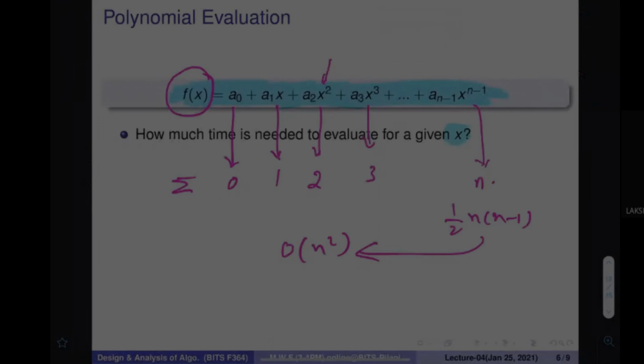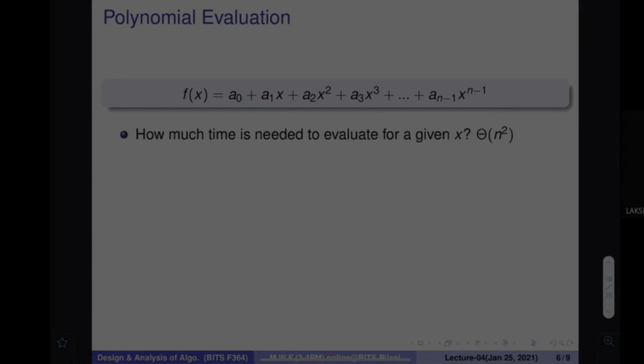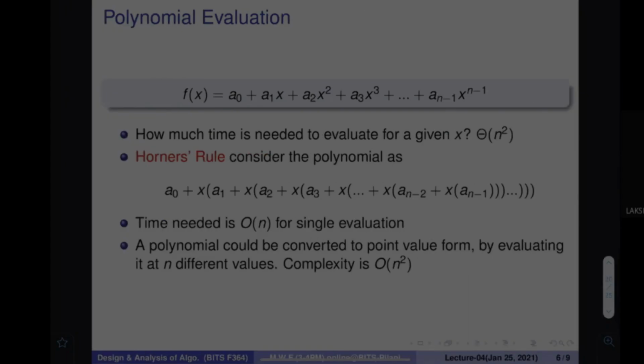So this is an important thing: if you want to compute the polynomial, it takes a lot of time, order of n square time. This was a big issue. So there was another method called Horner's rule. It tells you that you don't compute this way. You can rewrite this expression by taking x out.